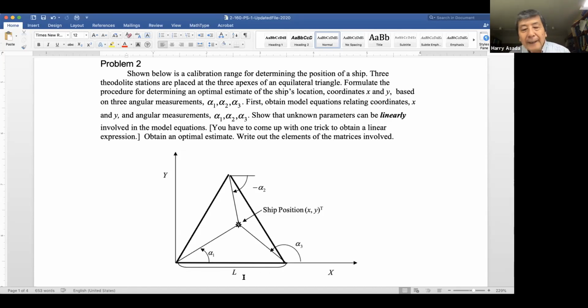Okay. So the unknown parameters are X and Y. And then we would like to find the expression where XY are linearly involved in that equation. Again, XY are the parameters we would like to estimate, and measurements are alpha 1, alpha 2, alpha 3.